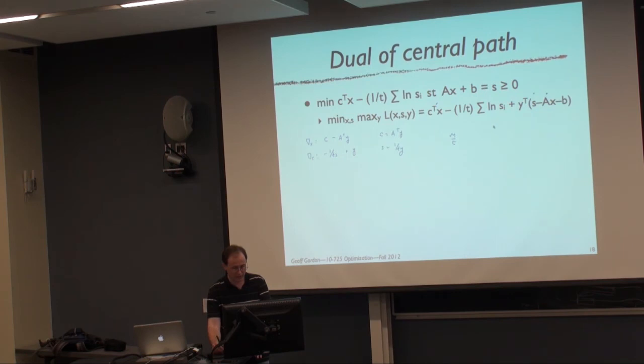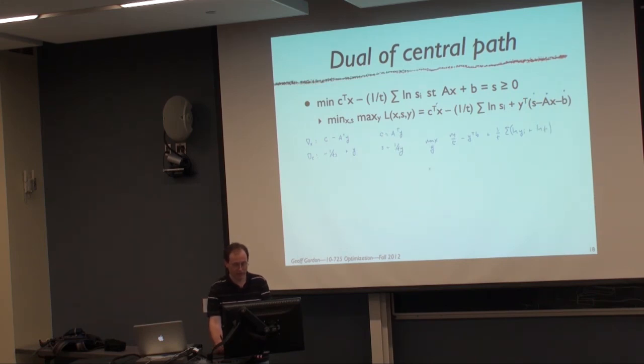We're going to wind up maximizing minus y transpose b, right? So we're going to max over y. That gets this term. The only term left is this one, right? And so minus log s is minus log ty. So this is going to be plus 1 over t sum of the log of t times y_i, which is log y_i plus log t, right?